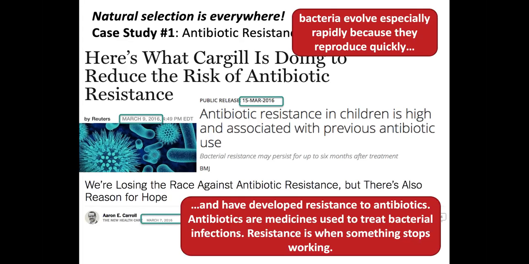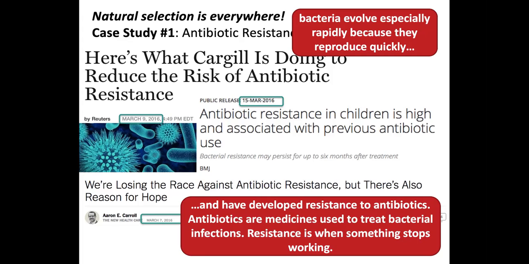So what we need to know, and this somewhat relates to what we are seeing now with COVID, with the coronavirus. So bacteria reproduce super quickly, okay? So if you were in a lab and you put bacteria into a petri dish, those bacteria multiply like wildfire.